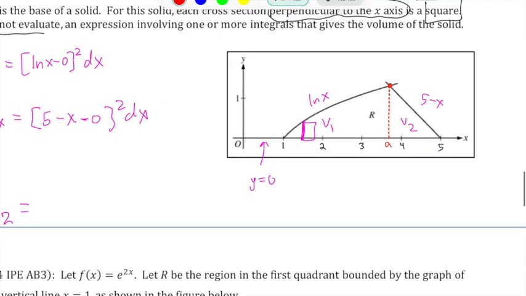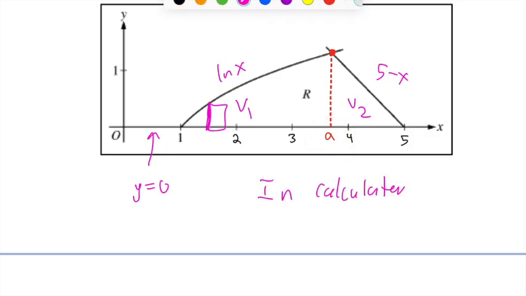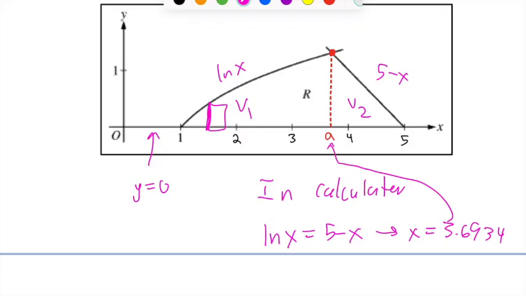The only thing is we need to find our value of integration. So again, in your calculator, you're going to set log of x equal to 5 minus x. And that's going to give you that it's about 3.6934. And so that's going to be your value here.